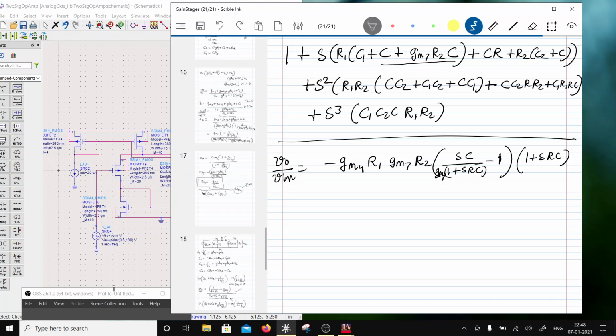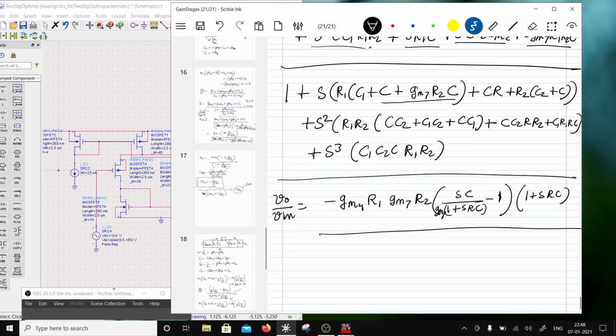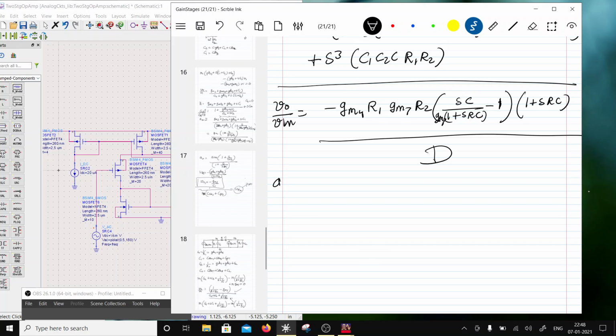Isn't it? So this is there, divided by this denominator, which I'll put as D. Okay, so I have AV is equal to minus GM4 R1 GM7 R2, and I'll just multiply in.